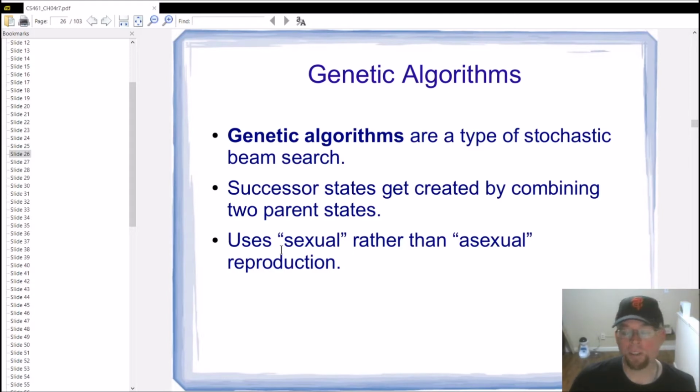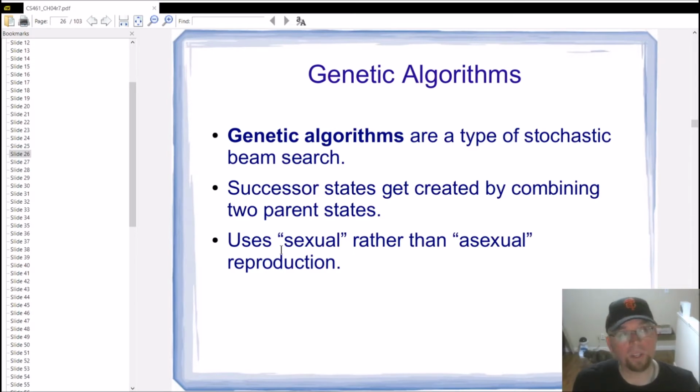Instead, we're going to have a function that does what's called a crossover, and so those successors get created as a result of a joining of two parent states. So this is what this means: it's going to use sexual reproduction. The successor states are created sexually rather than asexually.